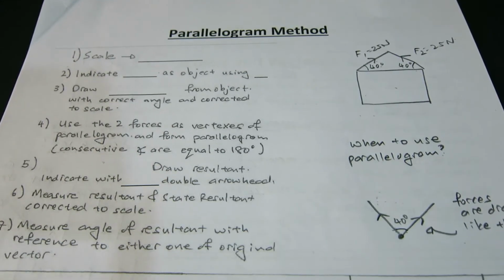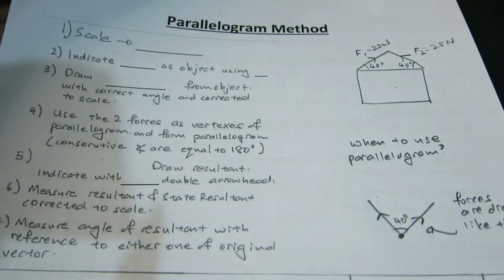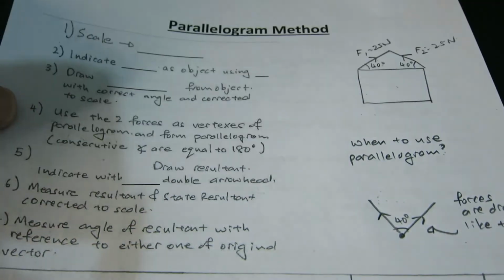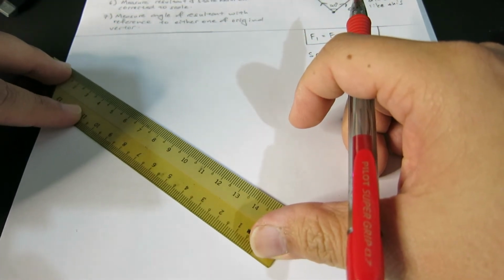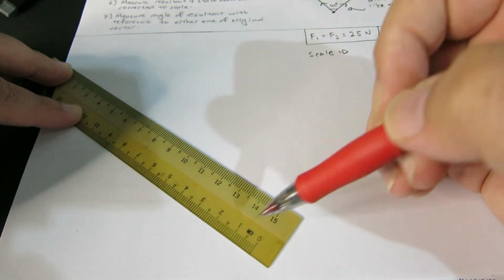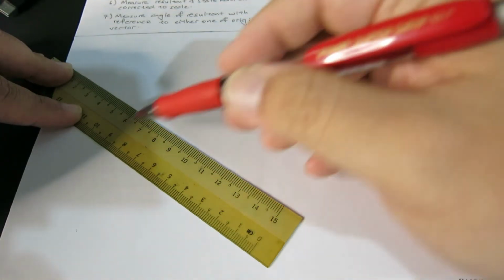Remember, step 1, before you do anything, you need to tell me a scale. Now, how to figure out what scale to use? Look at the size of the answer sheet that is given to you. Alright, if I have this amount of space, you roughly estimate I need to draw 25 newtons. You look at the space you have, you know you need to draw a parallelogram of 5 cm, 25 to represent 25 newtons each.